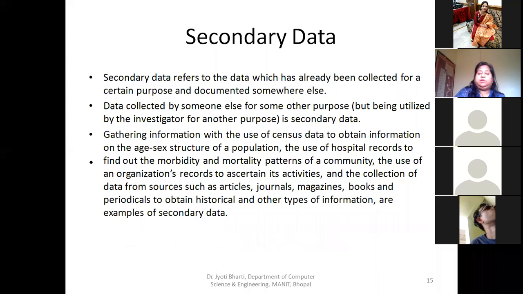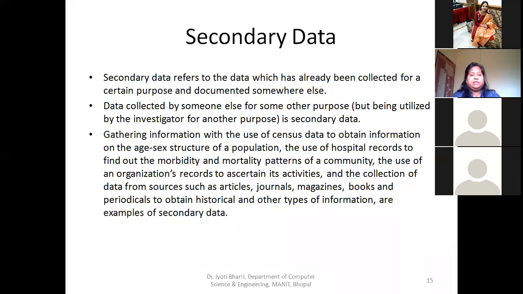Secondary data refers to the data which has already been collected for a certain purpose and documented somewhere else. Data collected by someone else for some other purpose, and utilized by the investigation for another purpose, is secondary data.